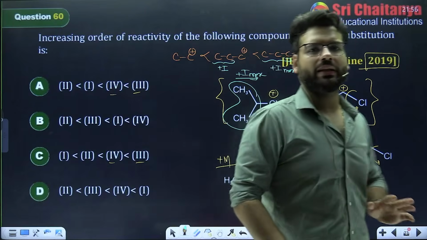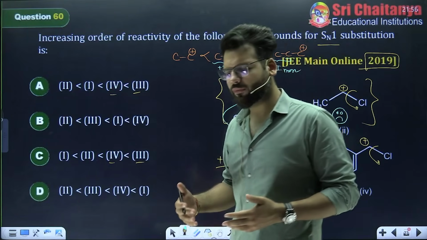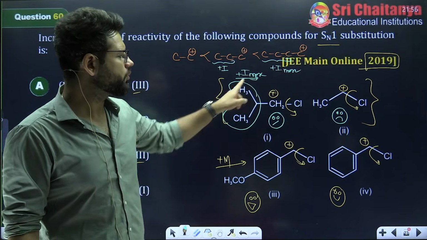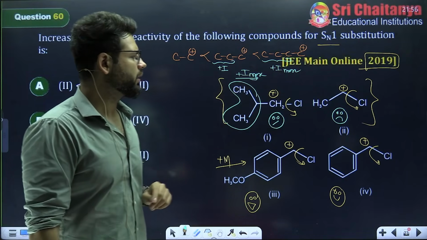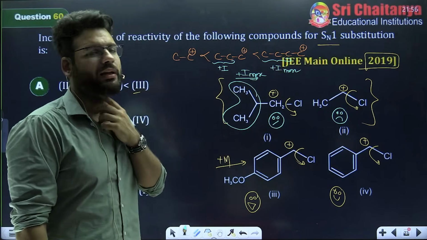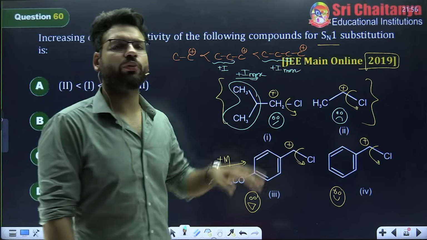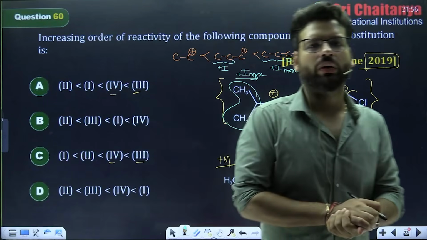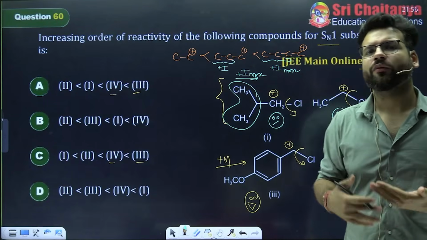In the NCERT also, towards the reactivity of SN1, they have given a few compounds where isobutyl is given, which is this one, and N-butyl is given. They have written isobutyl is more reactive. That means we are not checking for the alpha hydrogens; instead, we are checking for inductive effect.